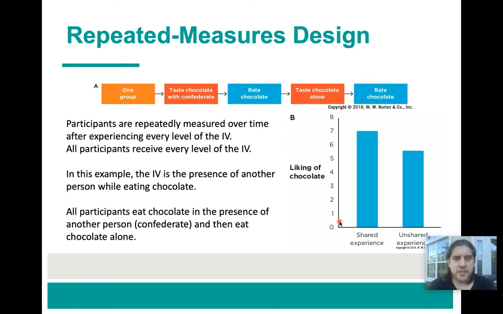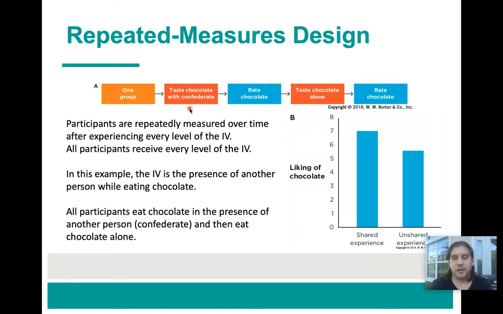So in this example that you see here in the slide, participants are tasting a piece of chocolate while a confederate is in the room. Confederate not being a Civil War soldier, but being someone involved in the experiment, sort of on the side of the researcher. Right?